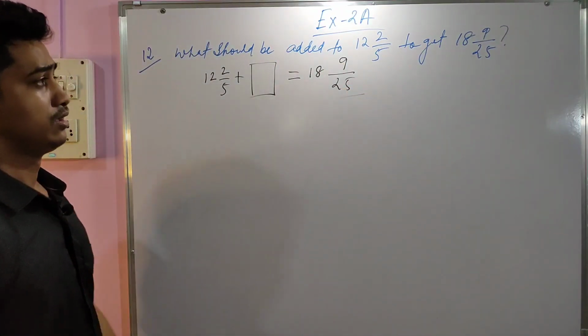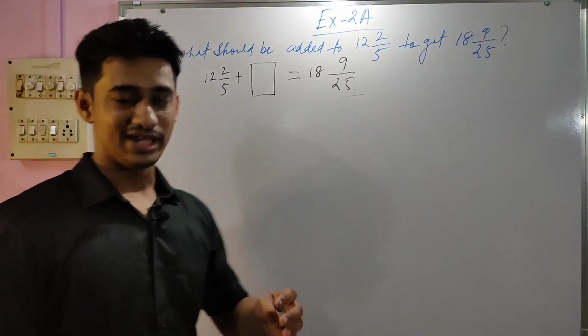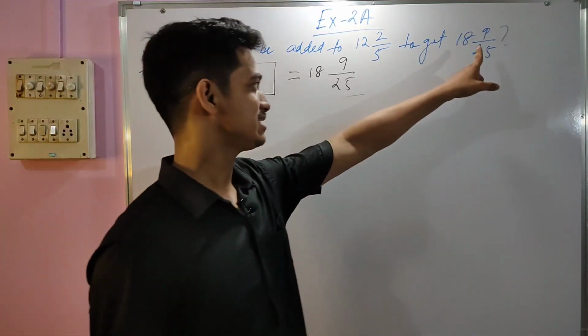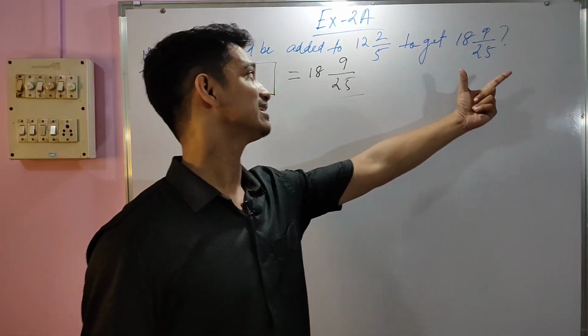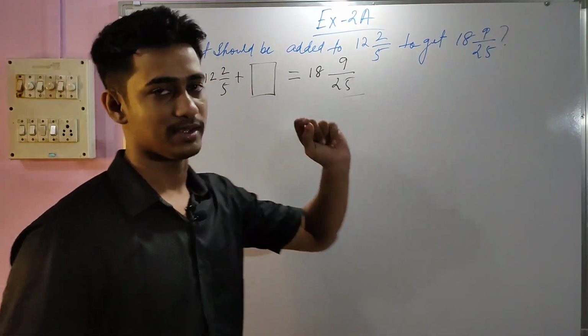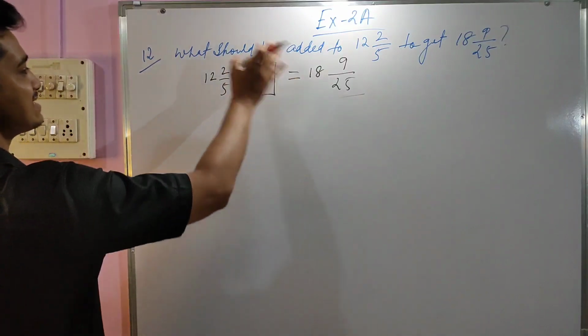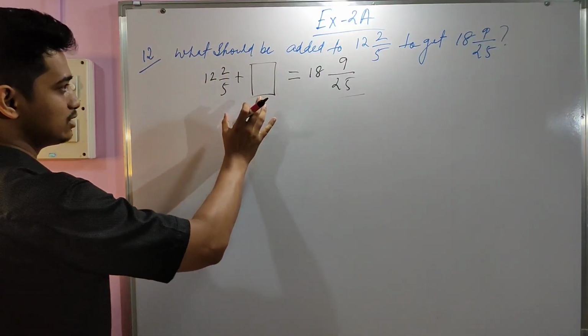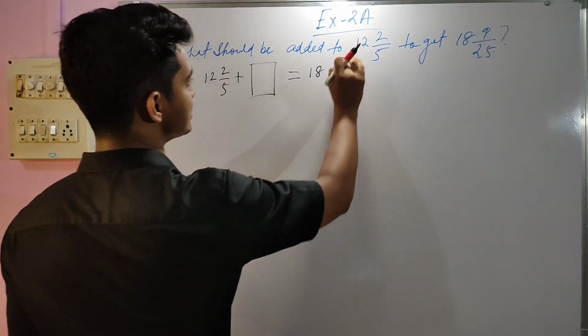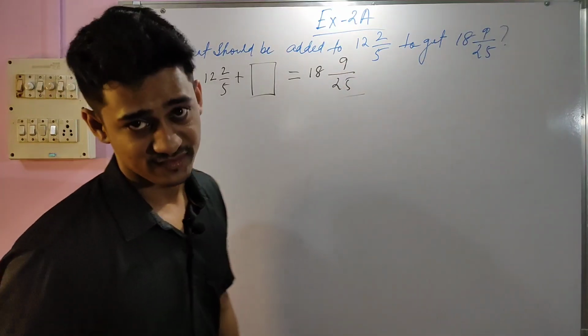Now see, definitely we have understood that 18 9 by 25 is greater than 12 2 by 5, because we have to add some other quantity to equalize this data, to convert this into 18 9 by 25, right?